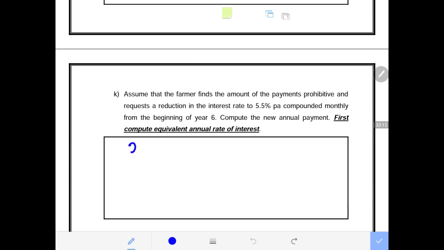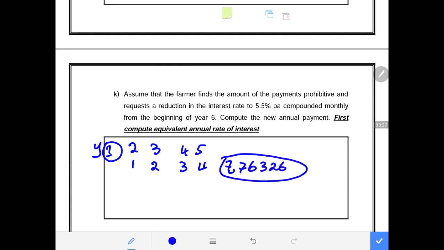Remember, I'm referring to years here. In year 1, there's no payment. From year 2, which is payment number 1, payment number 2, payment number 3, payment number 4, the interest is still 7.76326 as we calculated. For how many years? For 4 years.